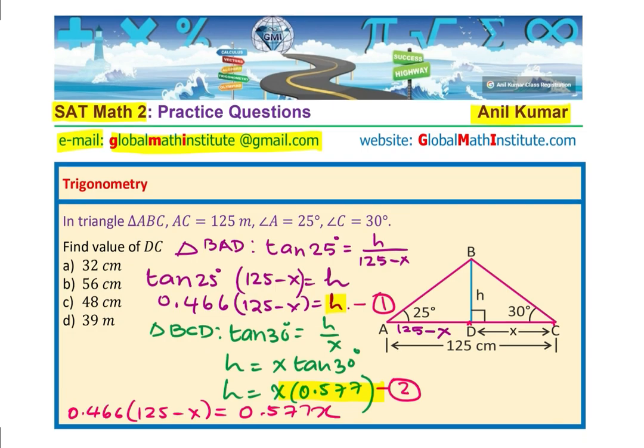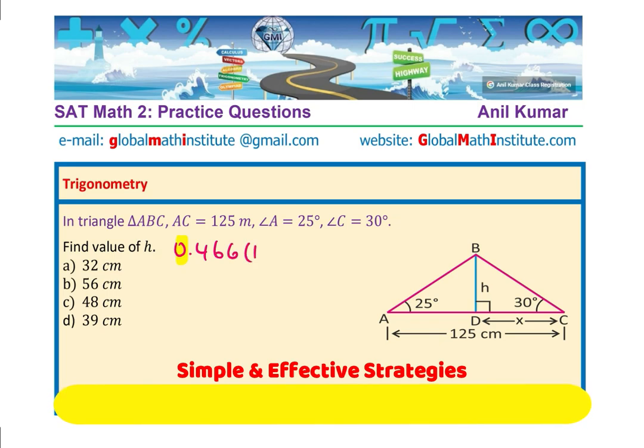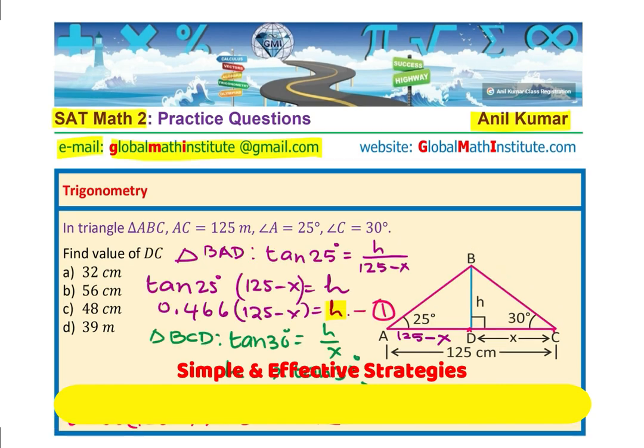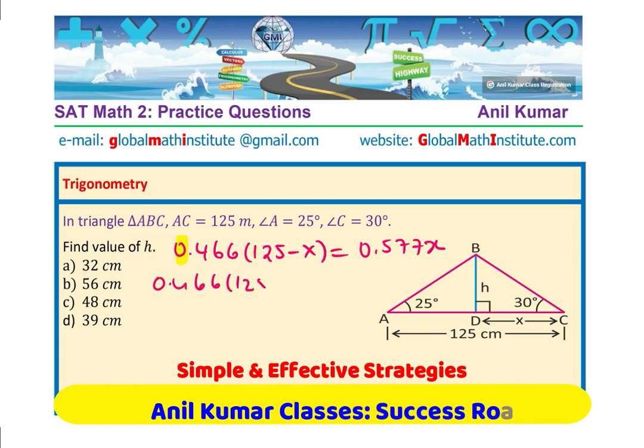Let me rewrite: 0.466 times 125 minus X is equal to 0.577X, right? So we have 0.466 times 125 equals, taking this term to the right hand side, 0.466X plus 0.577X, right?